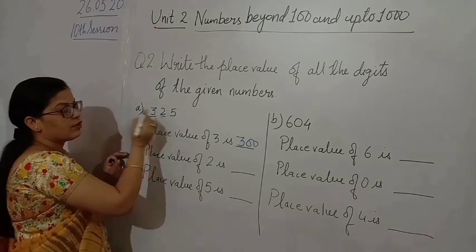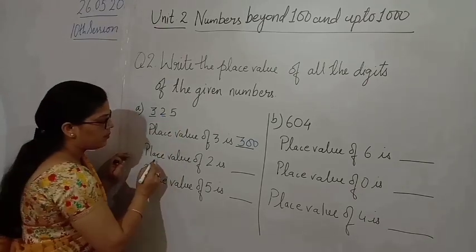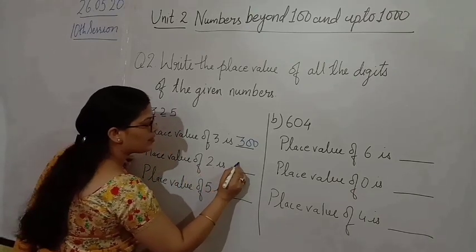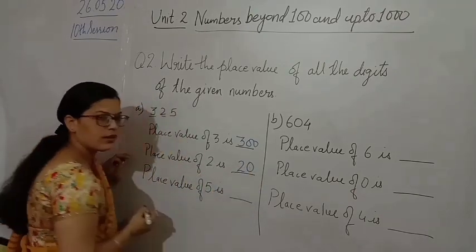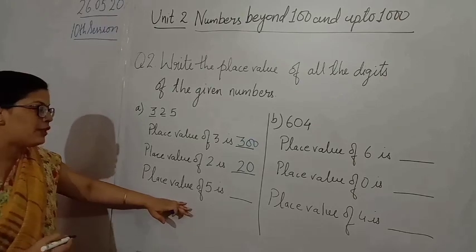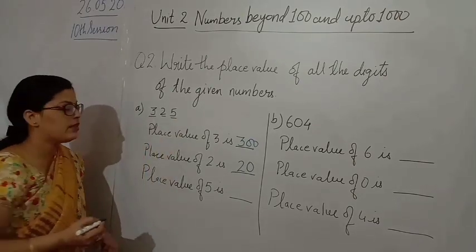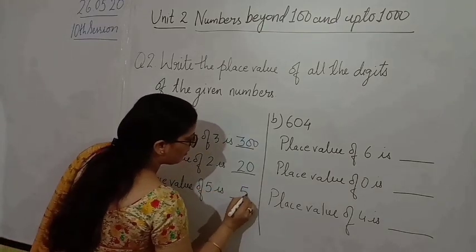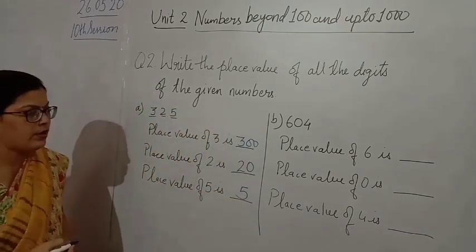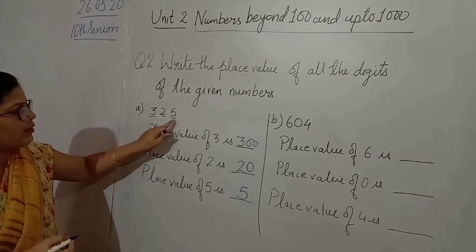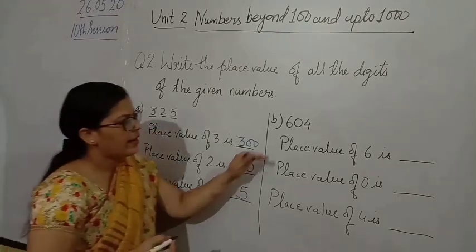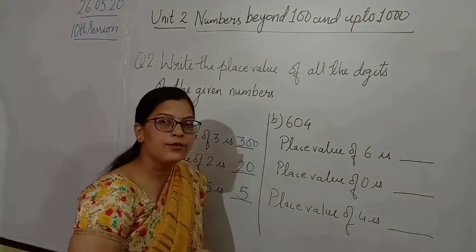Ones, tens. 2 is at tens place, so place value of 2 is 2 tens, which means 20. Then place value of 5. What is the place of 5? 5 is at ones place, so its place value will be 5.